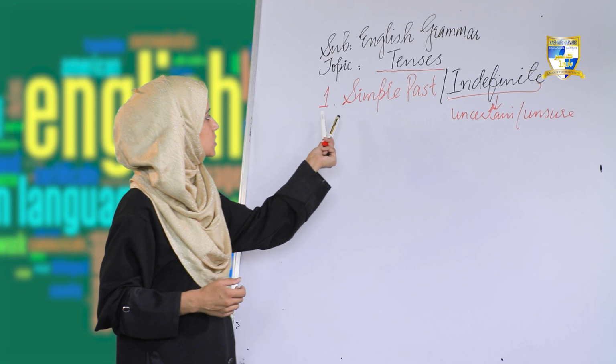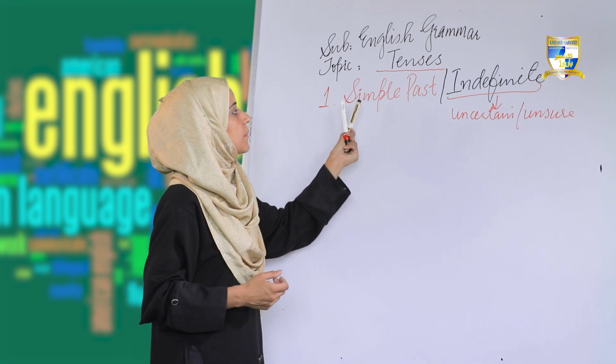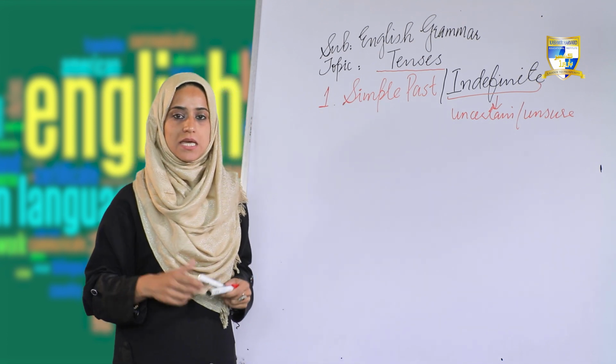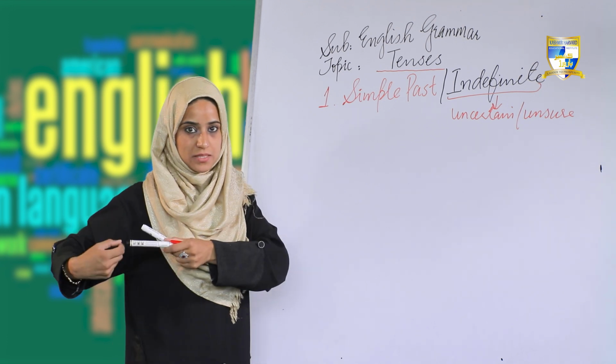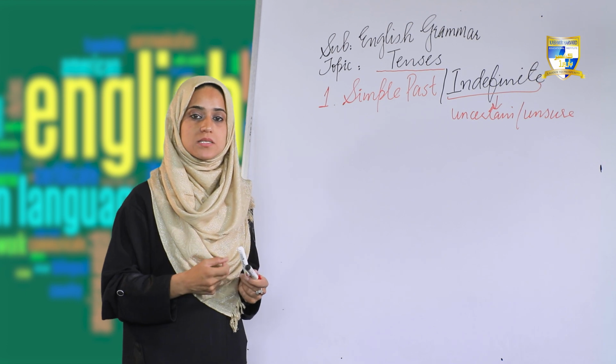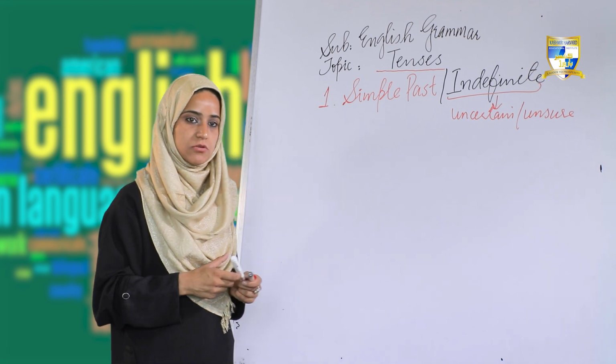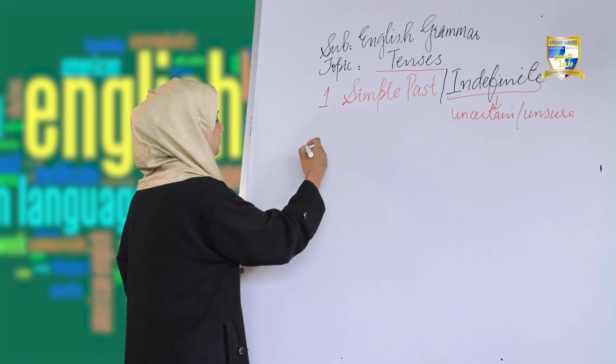Here when we talk about simple past tense or past indefinite tense, it denotes the time of an action that used to happen in the past on a habitual, regular or daily routine basis. Let me give you an example.